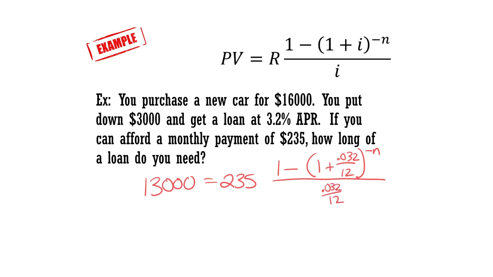Okay, I am going to go ahead and type in the 0.032, divide it by 12, and I'm going to store it in alpha I. Okay, so now I'm trying to figure out how to compute this to isolate this n. So there's some stuff going on. I think I'm going to first divide by the 235, and then I'm going to have this left. And so then I'm going to go ahead and multiply by the I to get rid of this messy denominator.